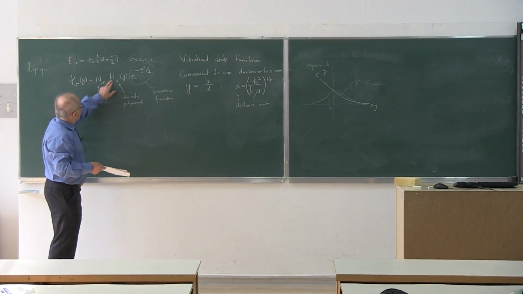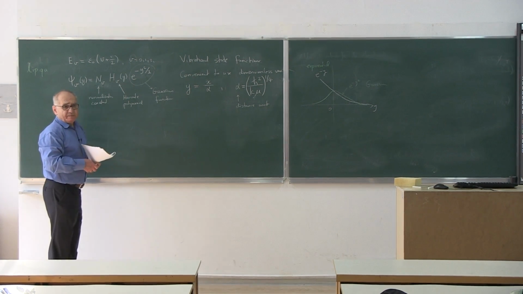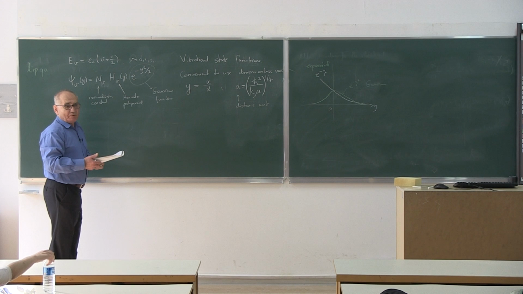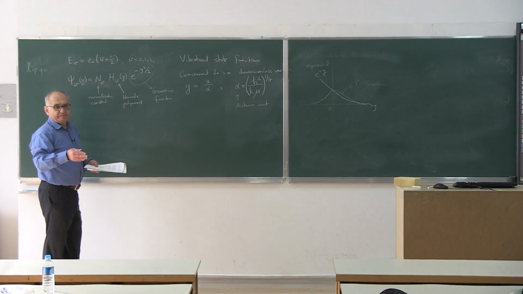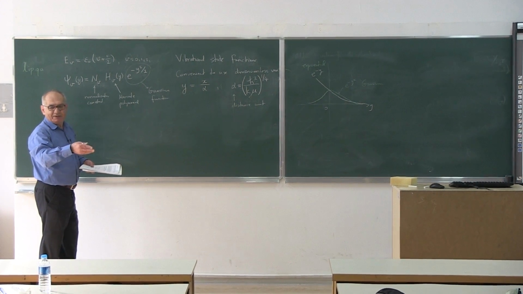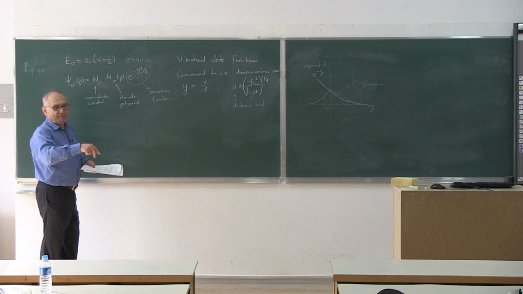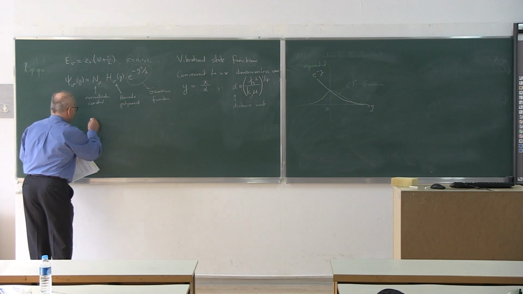Now, the Hermite polynomials are well-known polynomials in physical chemistry or math textbooks, or if you go to the internet and type Hermite polynomial, you will obtain millions of websites which discuss the properties of such polynomials. But I'll give you some examples.